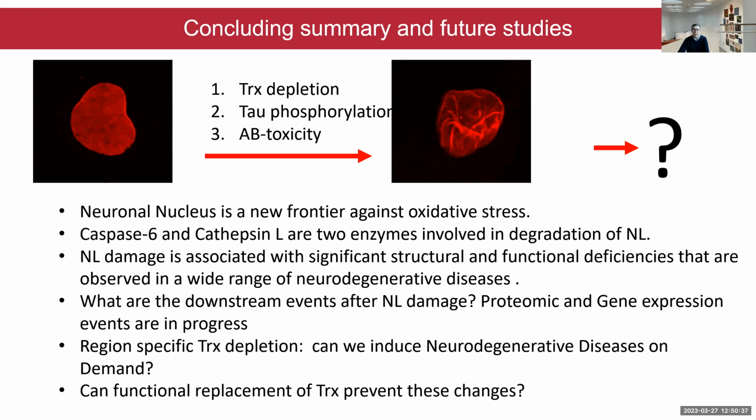This model is able to identify all the thioredoxin protein targets, and that is something that is undergoing just recently with the proteomics study, and we are hoping that we will be able to produce those results soon. And then eventually we would like to be able to actually prevent all of these damages. Can we use thioredoxin mimicking peptides to prevent these changes?